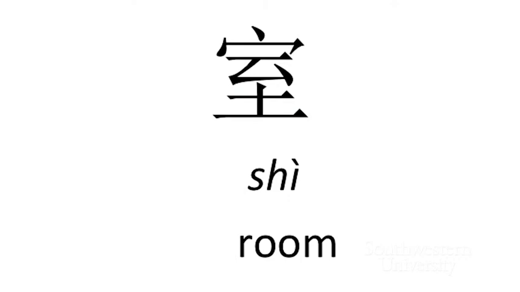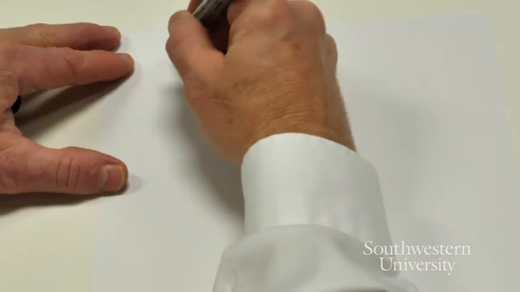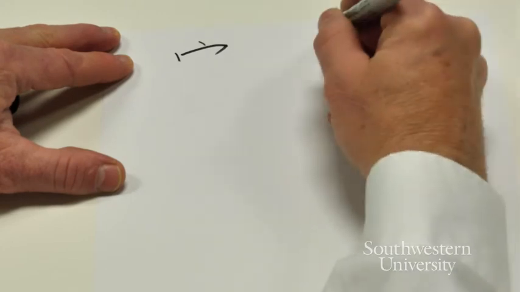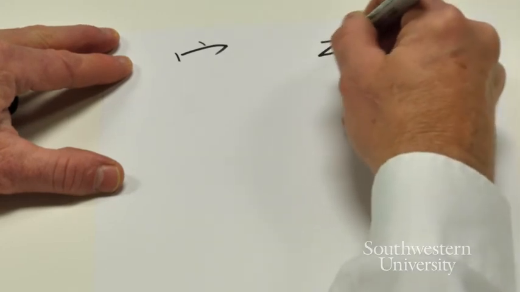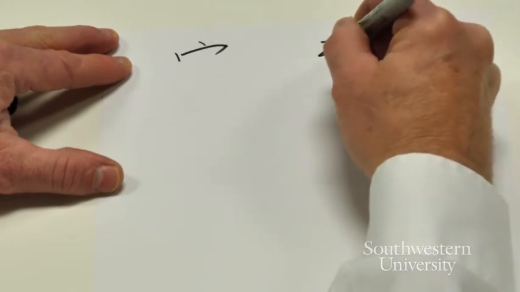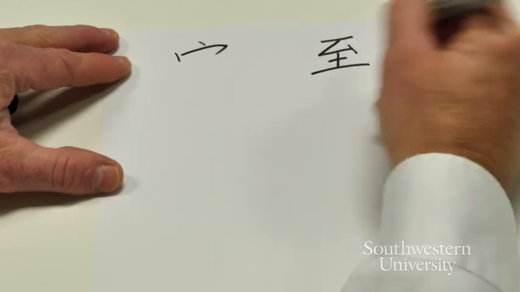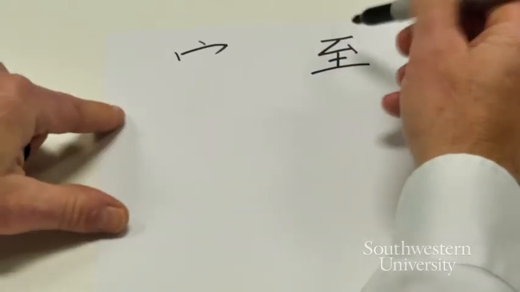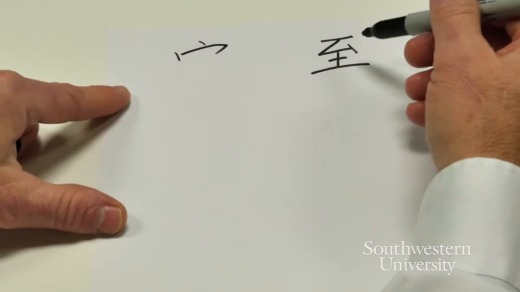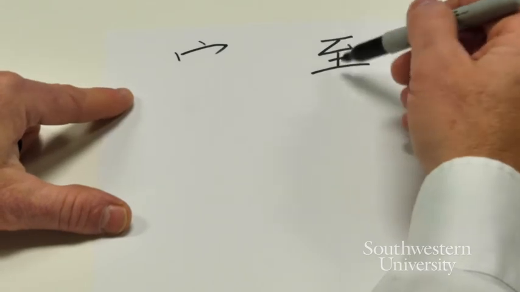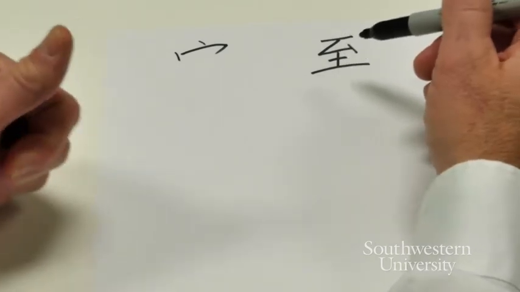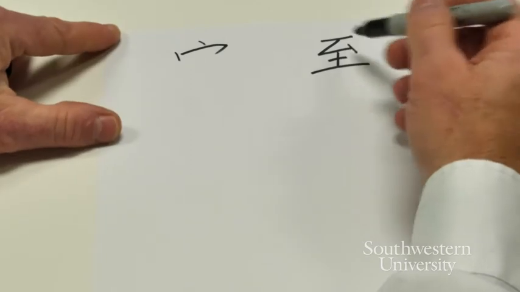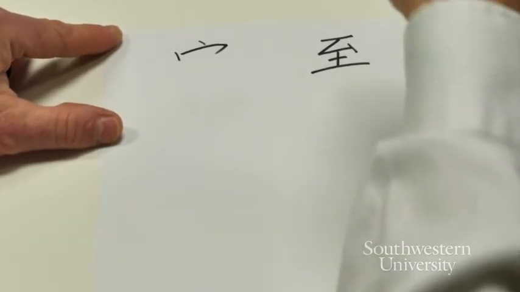The next component is room. So here we have again a roof. We won't spend any time on that. The next component is to arrive at, to end at, or a depiction of an arrow. It is phonetic. So it sort of looks like an arrow stuck into the ground. Actually, it's sticking up instead of down, but it means to locate, to be at a place.